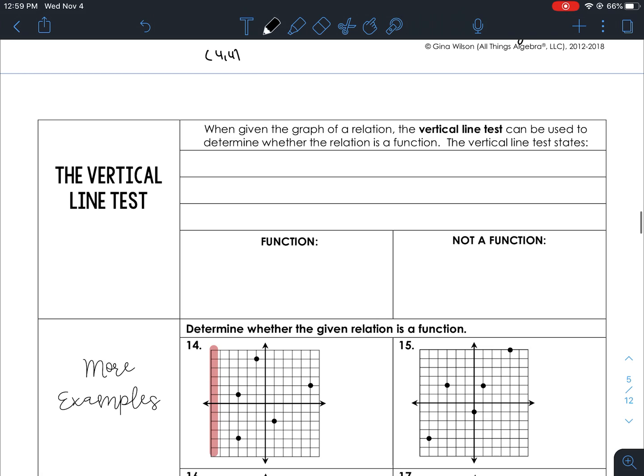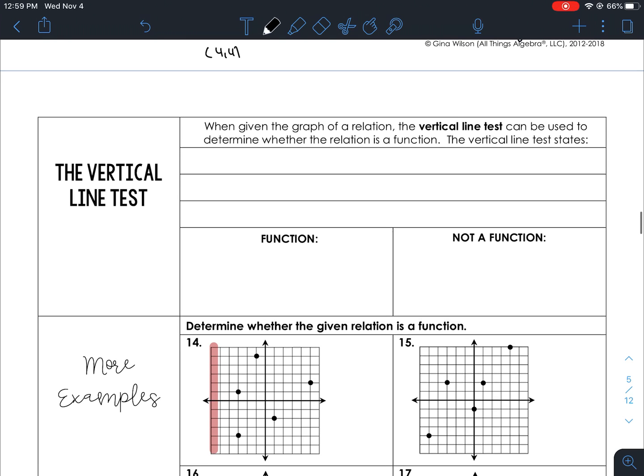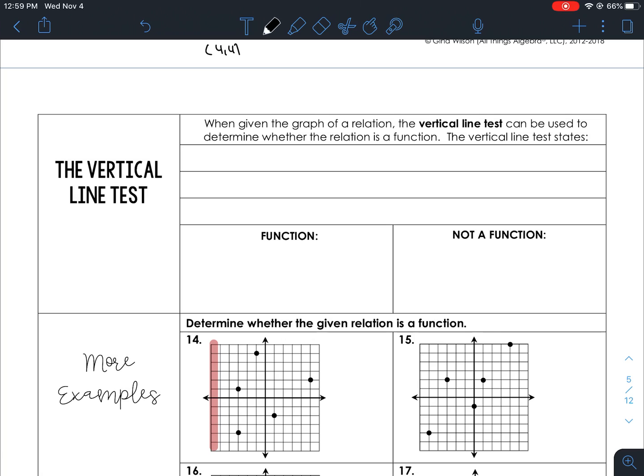Let's talk about the vertical line test to figure out if graphs are functions or not. The vertical line test is when we take a vertical line and drag it across the graph left to right. If the line hits a point more than once, it is not a function.